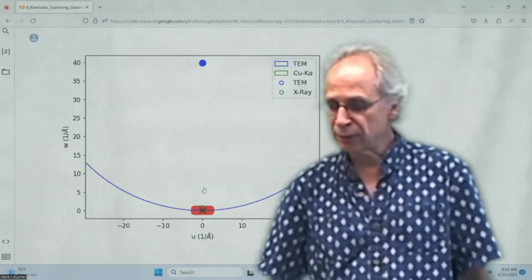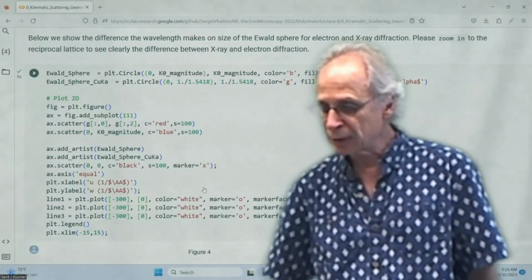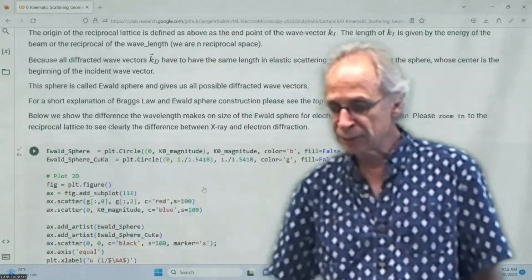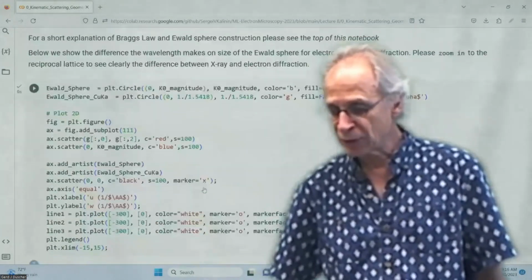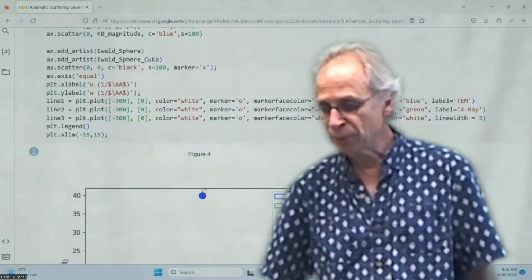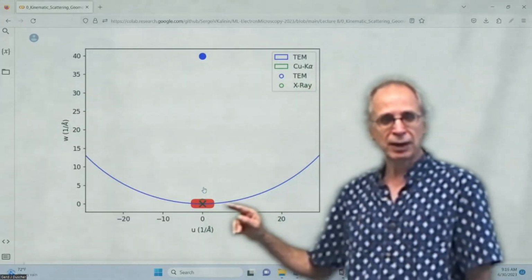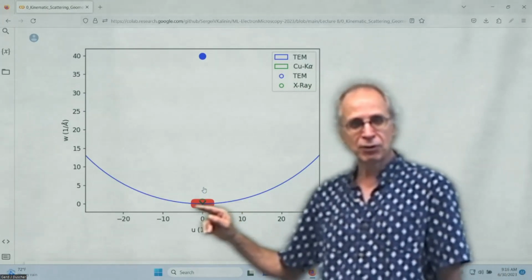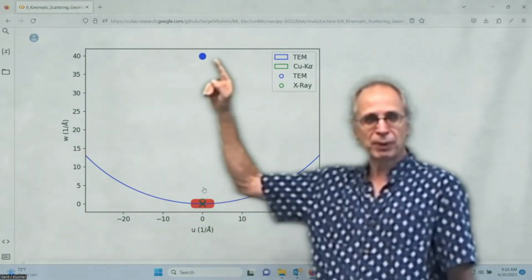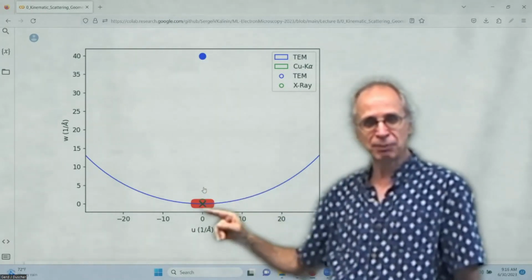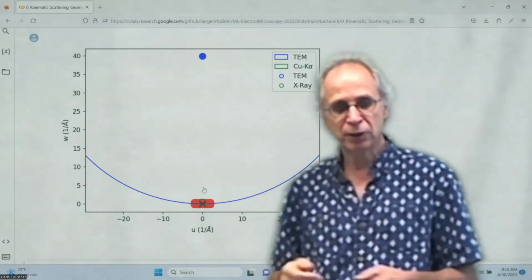I think that is only 30 kV or so, so it's a relatively low voltage. And this is my reciprocal space from before. This is my starting point. So this is the reciprocal lattice vector, 1 over a few picometers.